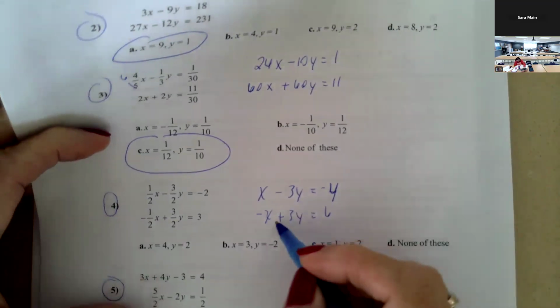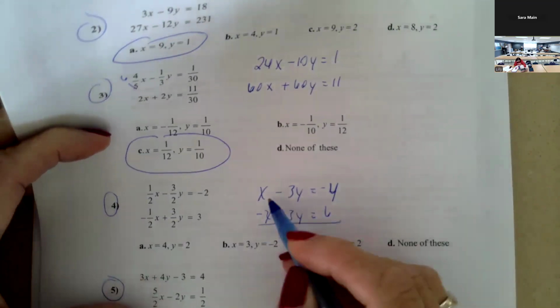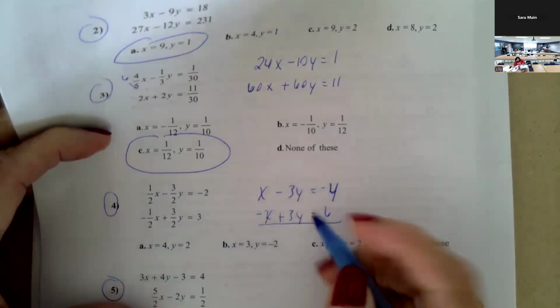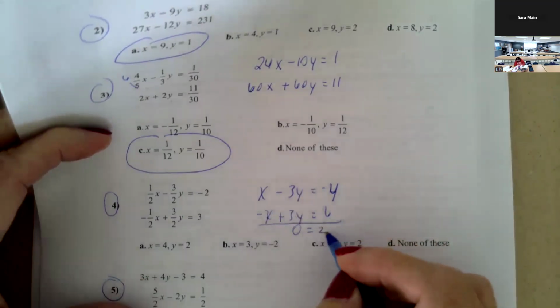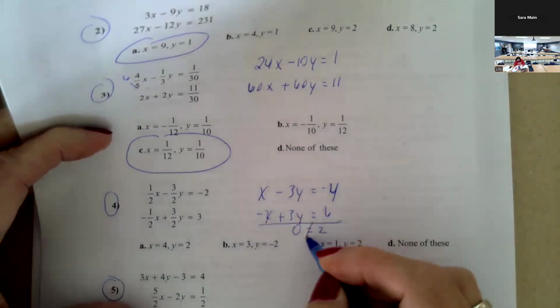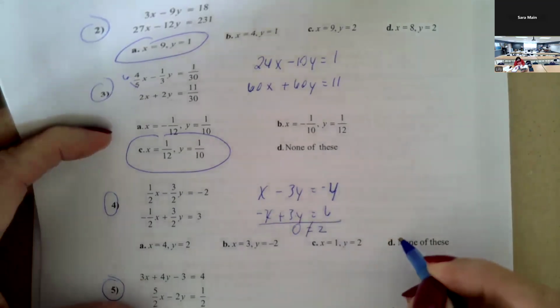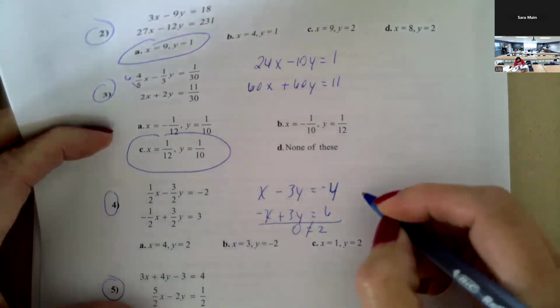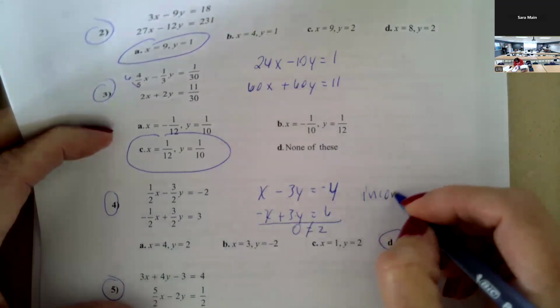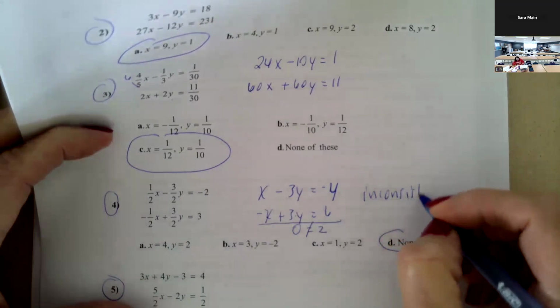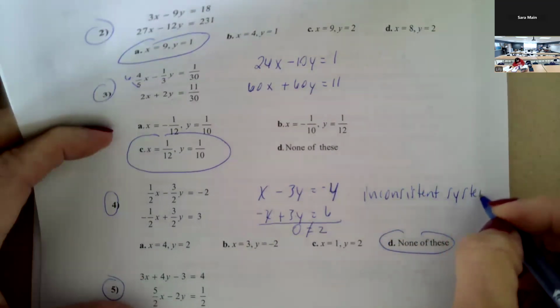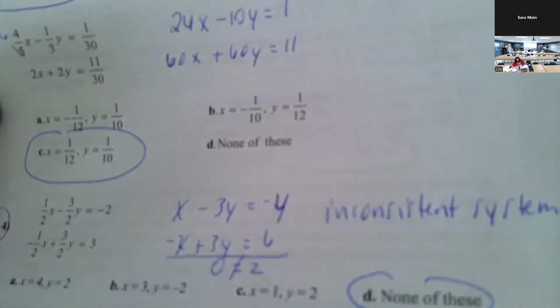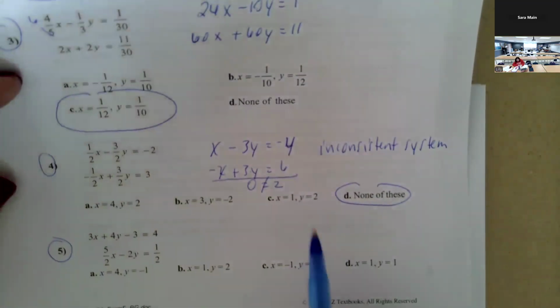If we just add right here, our x's cancel and our y's cancel. So we get nothing on the left equals 2. That does not equal, so it's none of these. It's really an inconsistent system. They're just parallel lines. So inconsistent system, parallel lines.